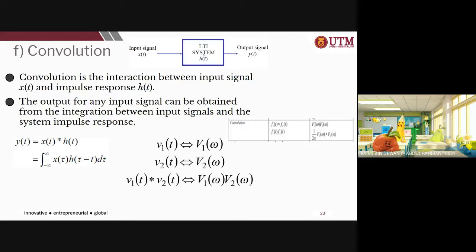For example, if you insert t minus 1, and later in the frequency domain it becomes omega minus 3, it's not invariant, because the similar change in input doesn't provide a similar change in output.